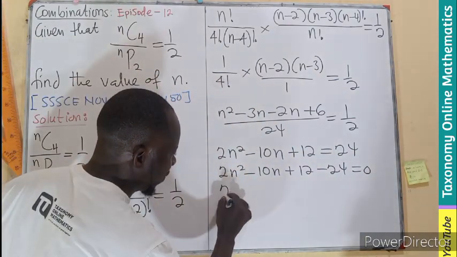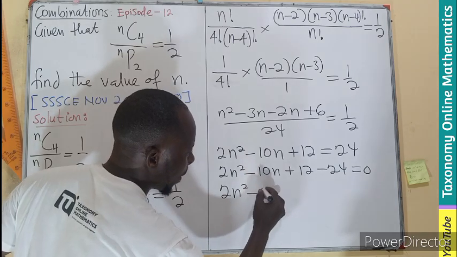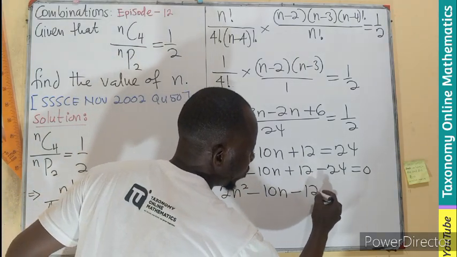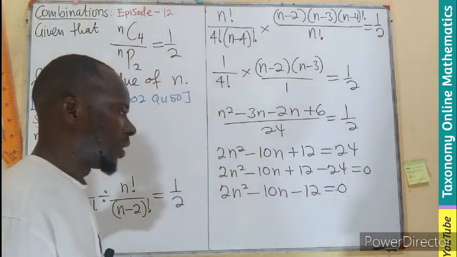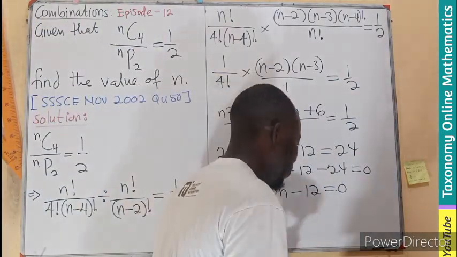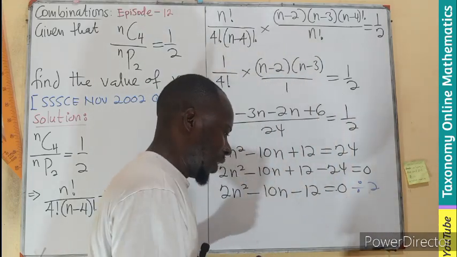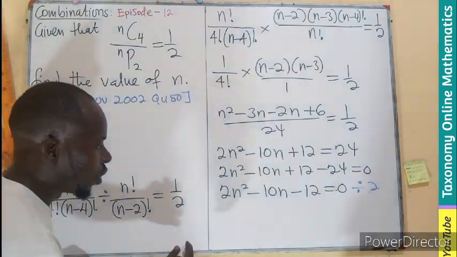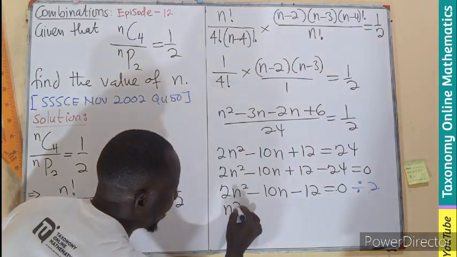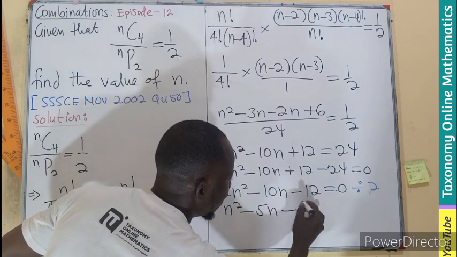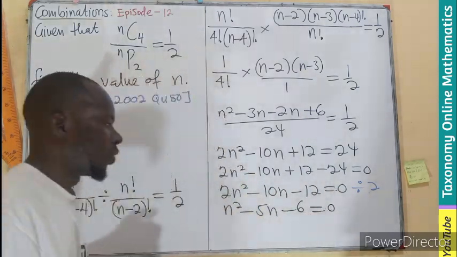Fast forward, I shall have my 2n squared minus 10n, this becomes negative 12 equals 0. Divide both sides. So let's divide by what? 2. If we divide both sides by 2, I'll be left with n squared minus 5n plus 6 equals 0.